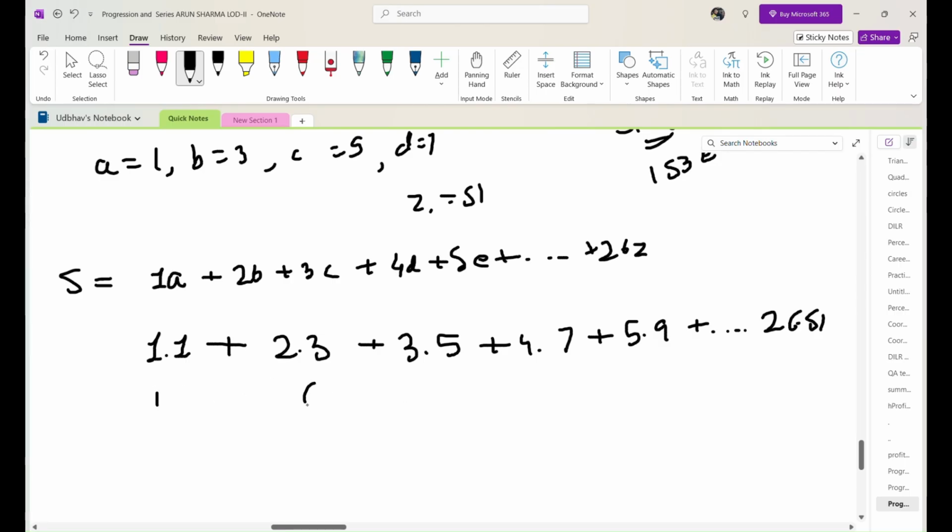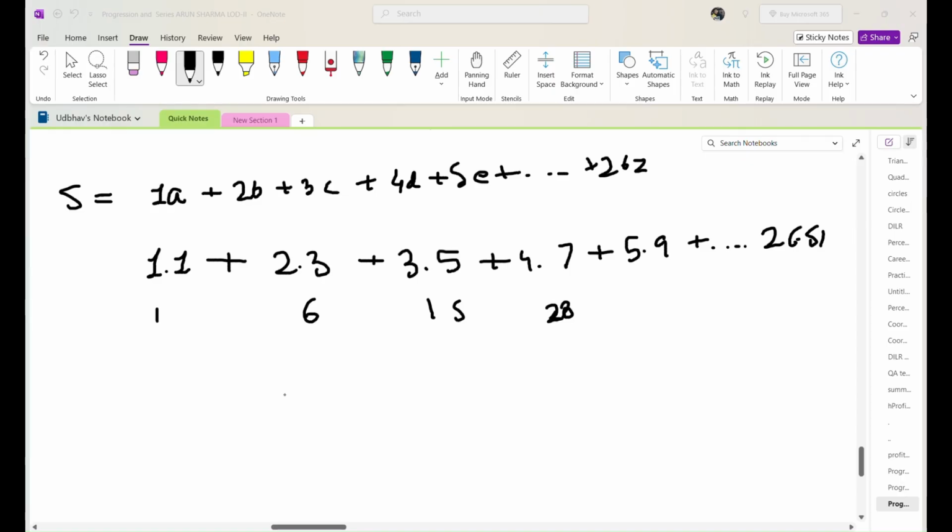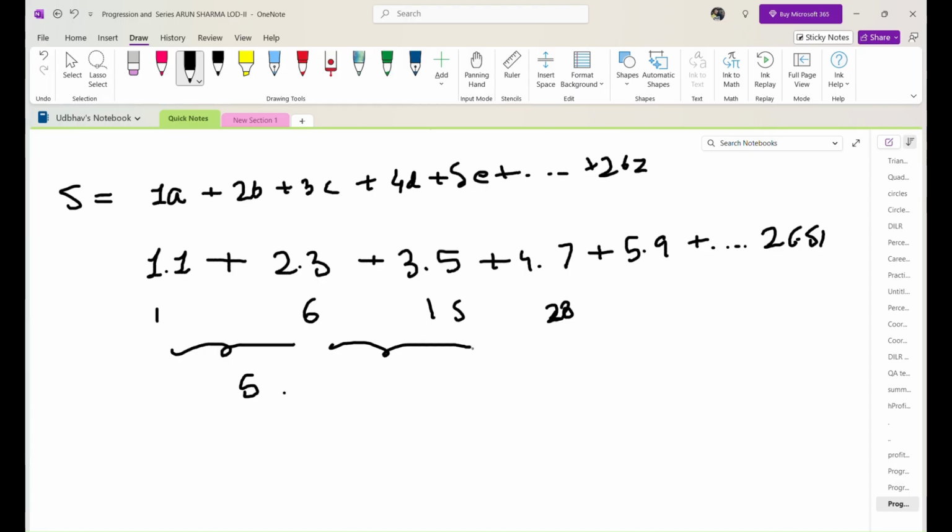1, 6, 15, 28. This is not an AP. The difference is 5. 15 minus 6 is 9, and 28 minus 15 is 13.